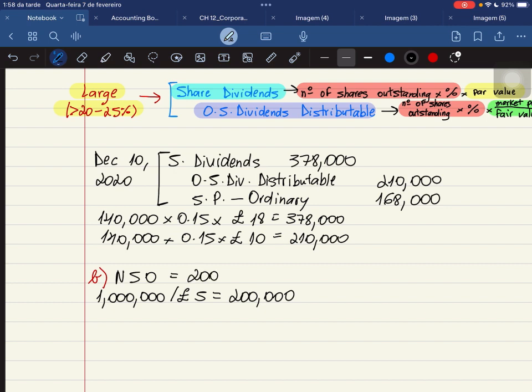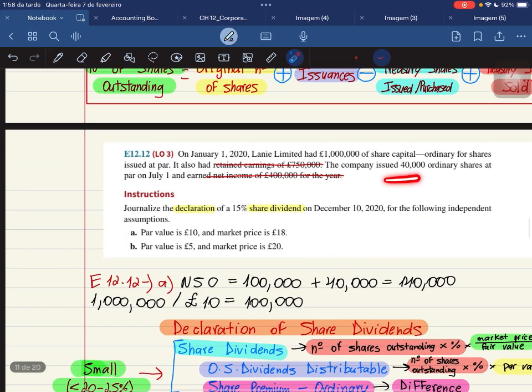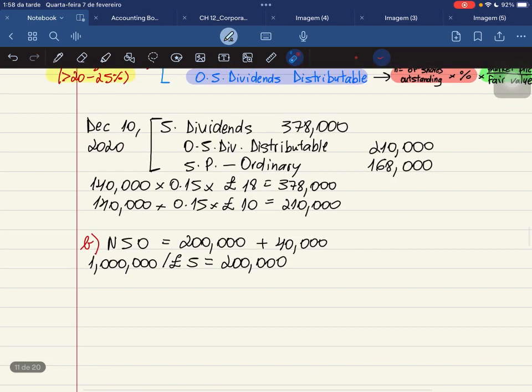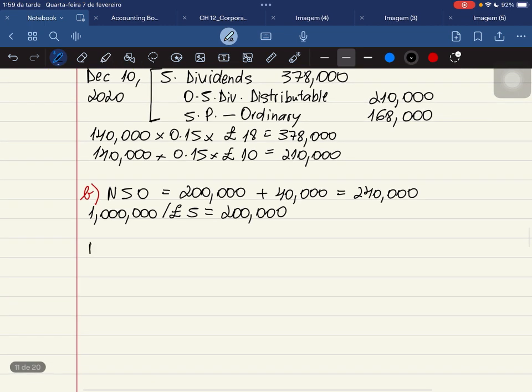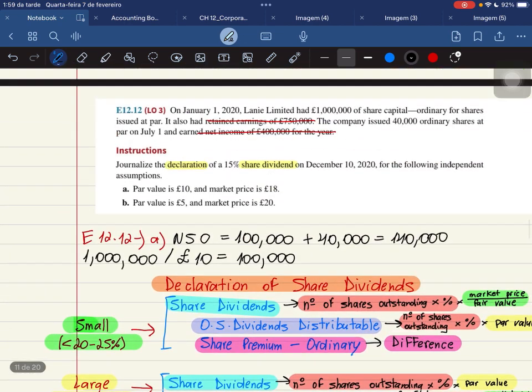Now we can come back here and add the extra shares that were issued. In our case, it was 40,000, remember? And that will give us a number of shares outstanding of 240,000. Now we can make that entry. Since the rate is the same, the only thing that changed was the values, right?